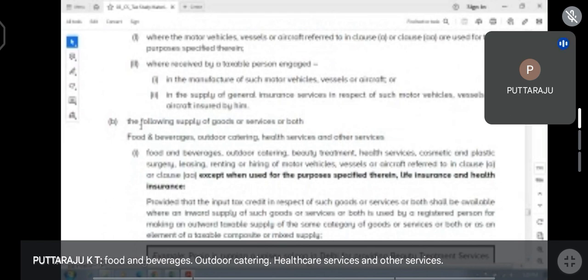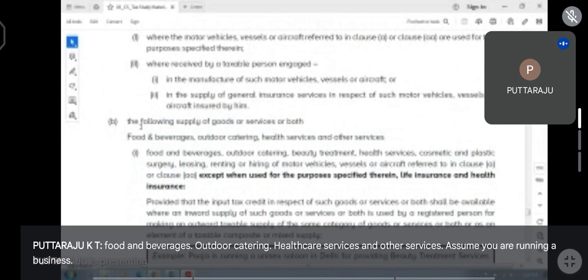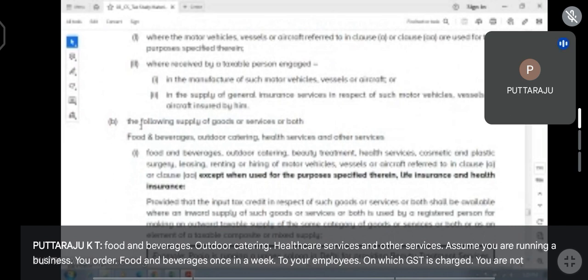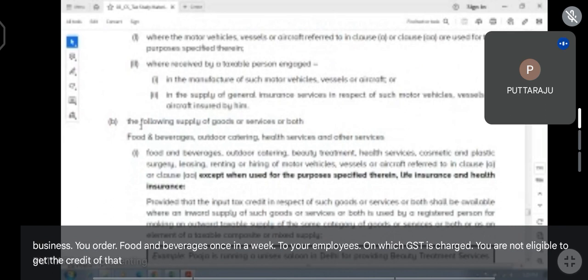Assume you are running a business. You order food and beverages once in a week for your employees, on which GST is charged. You are not eligible to get the credit of that GST. Okay, this is the generic one.